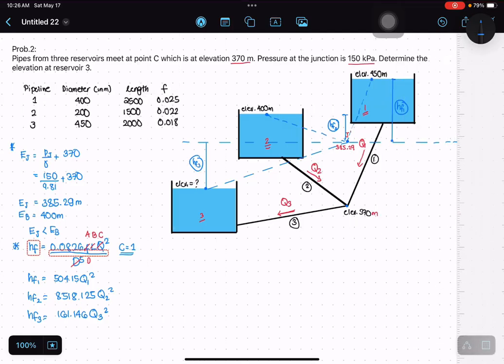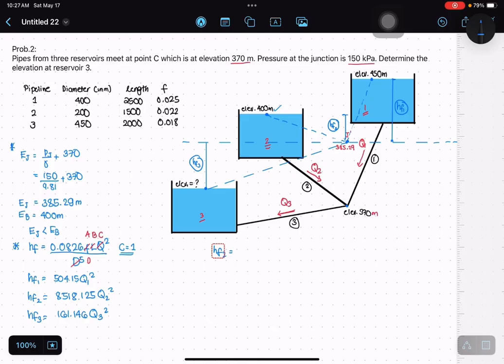Okay, so ang silbi nito, may pwede tayong makuha from the figure. We can say that ang HF2 is 400, yung elevation ng water surface sa Reservoir 2, minus the elevation ng point J prime. Tama?